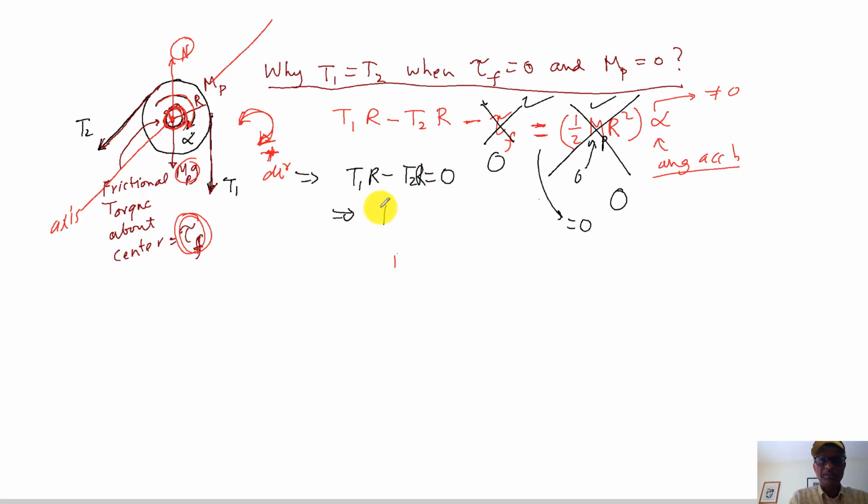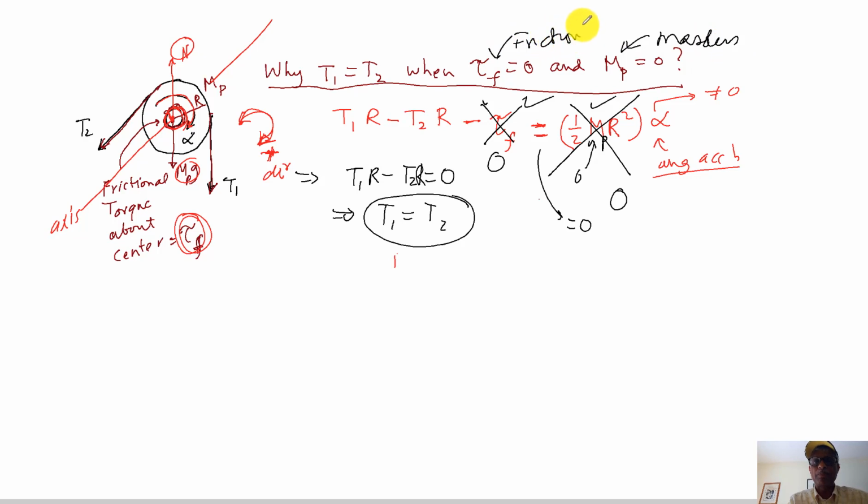This means T1 equals T2. That's why in a massless and frictionless pulley, you can assume that the tensions on the two sides are equal. I hope it gives you confidence that you can use this equality of tension in problems where they tell you the pulley is frictionless and massless.